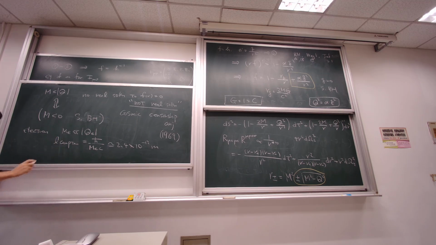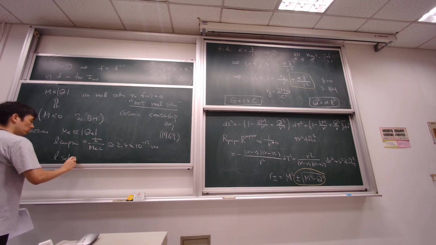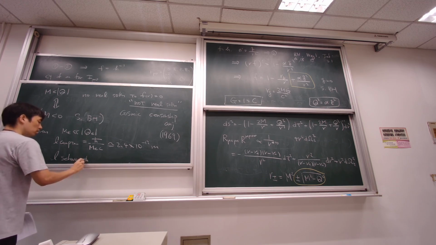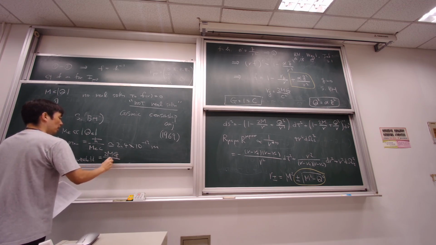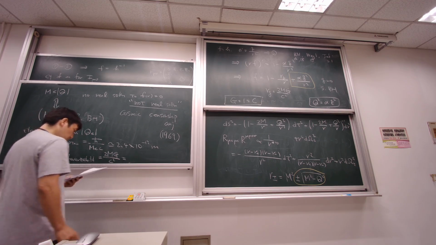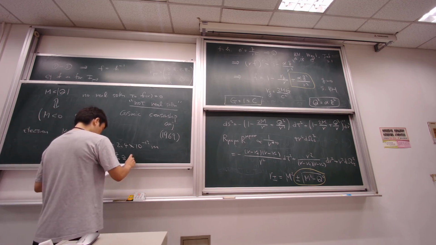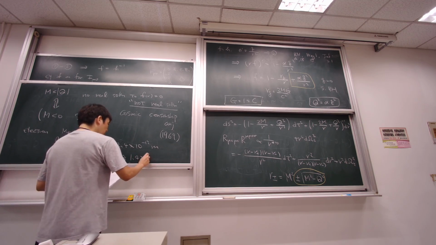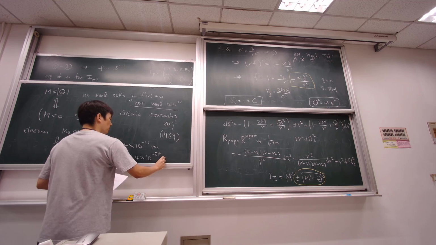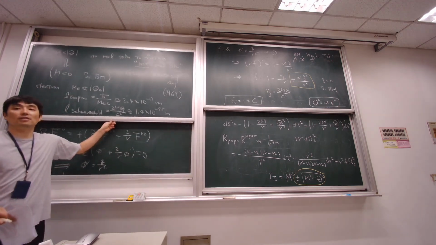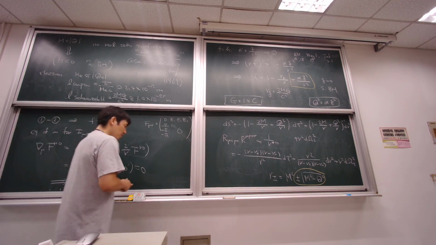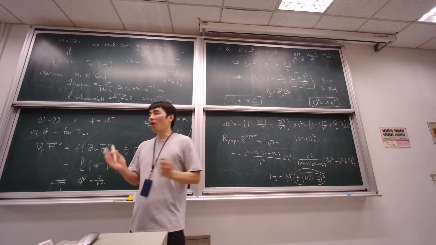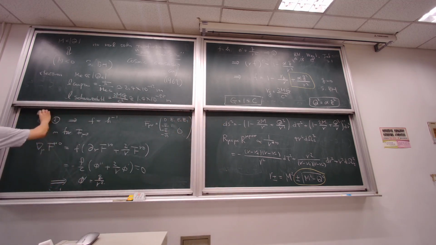On the other hand, the Schwarzschild radius, 2mG over c squared, unfortunately I already restored G and c, is roughly 1.4 times 10 to the minus 57 meter. So the order is totally different. So using the electron, you cannot probe the Schwarzschild scale of the electron.